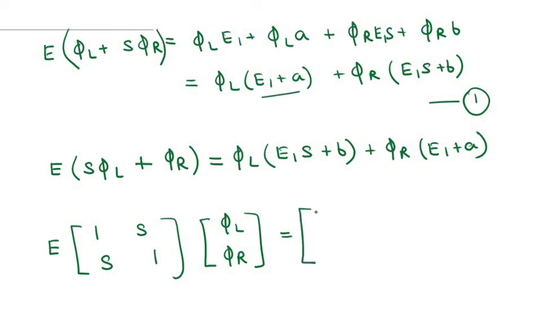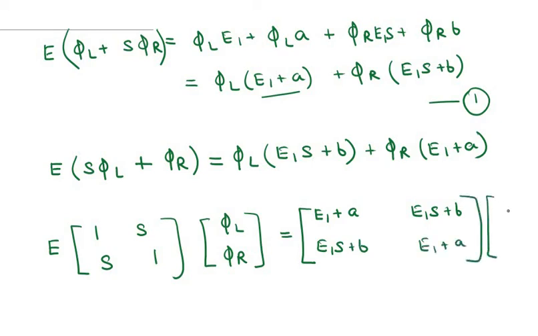Then this E1 plus A, E1 S plus B, E1 S plus B, E1 plus A, phi L and phi R.